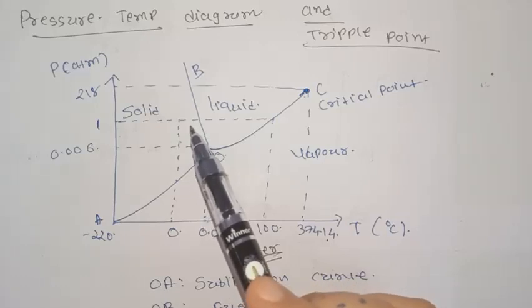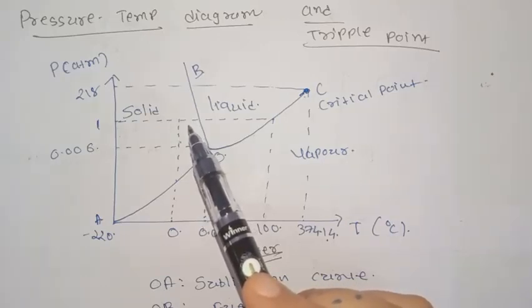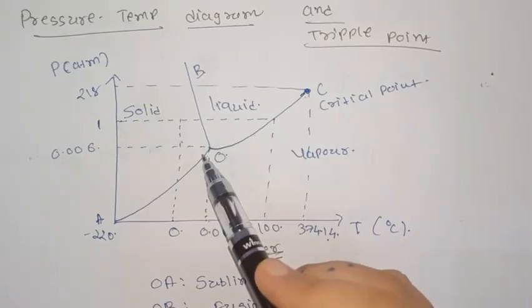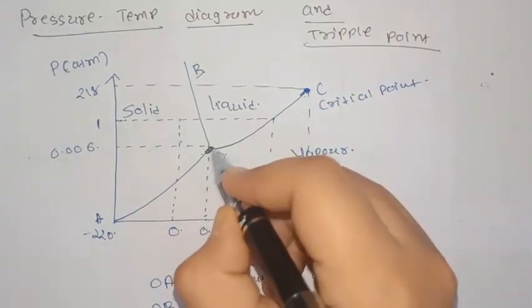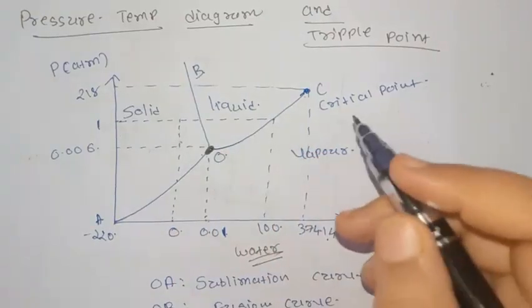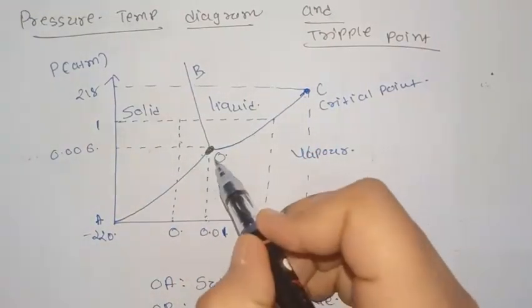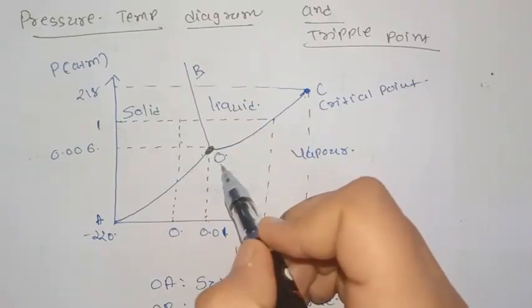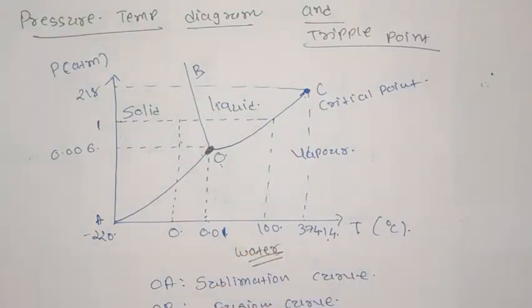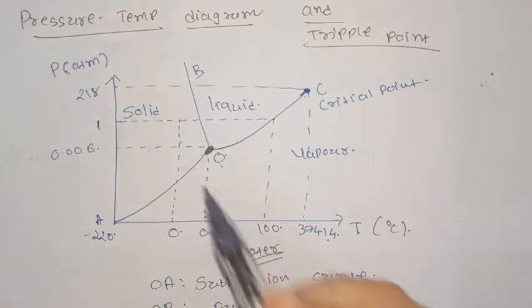Hence, under conditions corresponding to the intersection of these three curves, the solid, liquid, and gas can exist together. This intersection is accordingly called the triple point of water. So, this O point is the triple point of water. In the case of water, the sublimation curve is also called the hoarfrost line, and that is shown by OA.